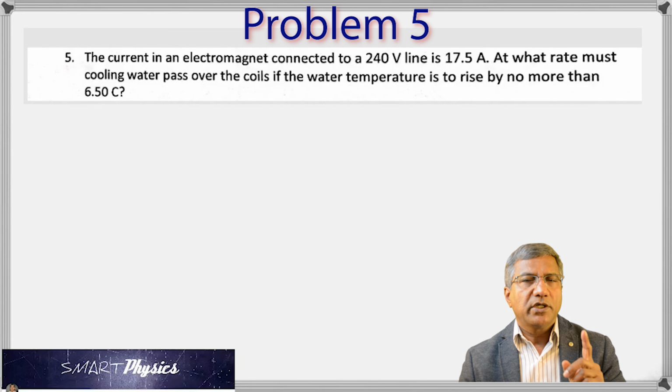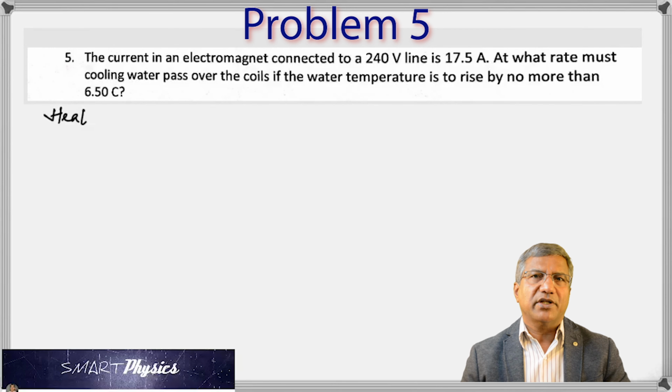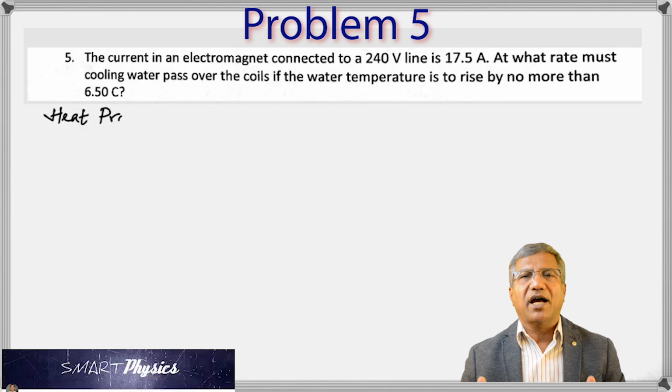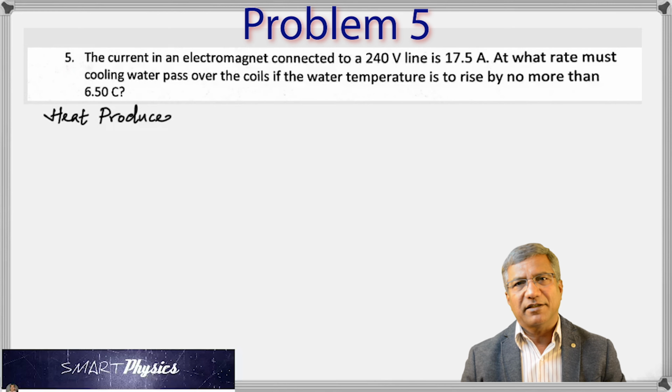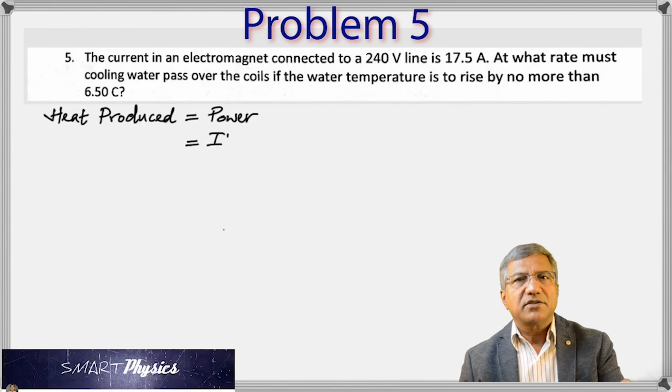Okay? So first we need to find out the heat produced in this case. And second, we need to use the formula for heat absorbed by the cold water. And the heat produced in a conductor, as I mentioned, is I squared R T, I squared times resistance times time.